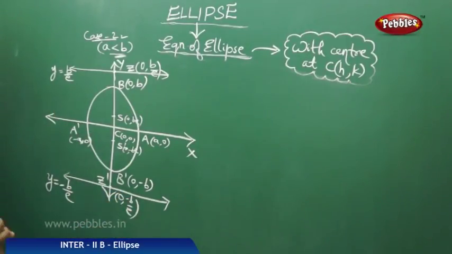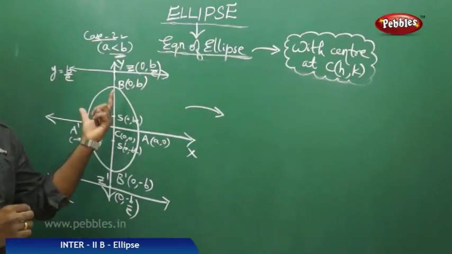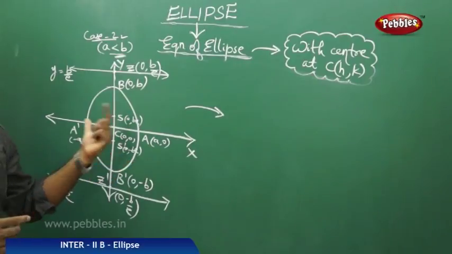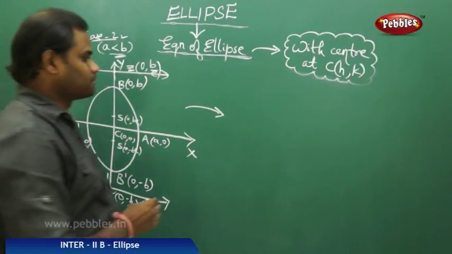So using this, let's see what will be the transformed equation of this ellipse x squared by a squared plus y squared by b squared equal to 1 with a less than b.